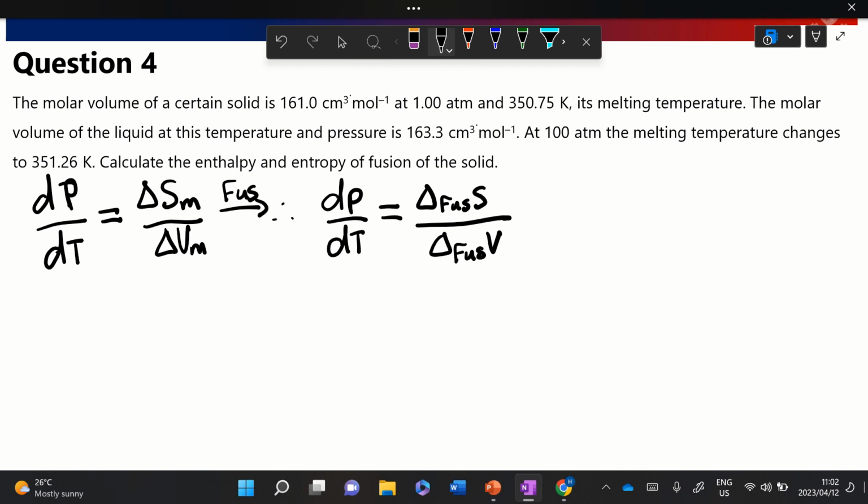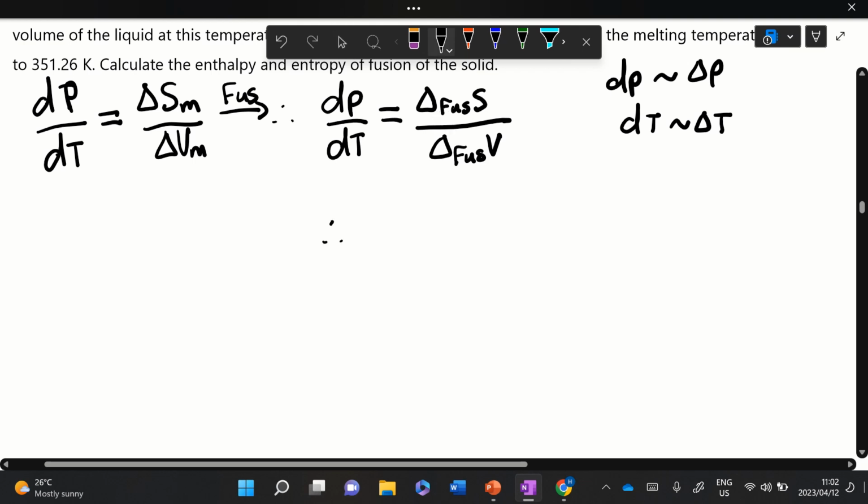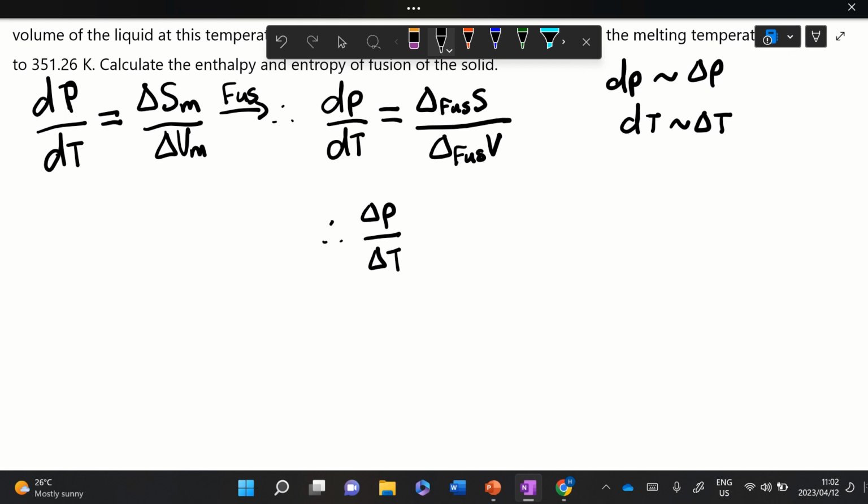We can approximate dP and dT by their finite changes, delta P and delta T. So we use delta P over delta T is equal to the fusion entropy over the fusion molar volume.